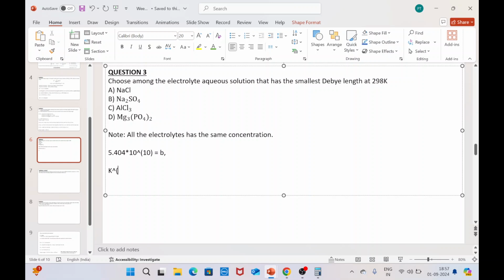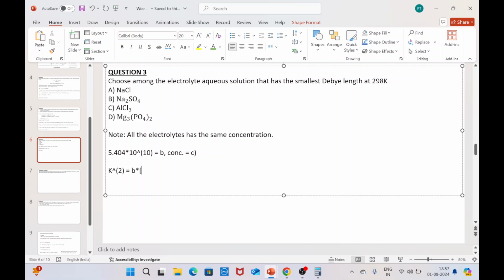So the value of kappa square will be b times, and I'm going to keep the concentration as c. Let's take some variables to make it easy to calculate. So it is b times z i square.